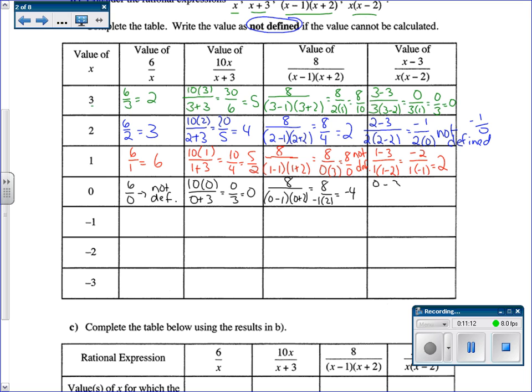And 0 minus 3 divided by 0 times x minus 2 is negative 3 over 0, which is not defined.